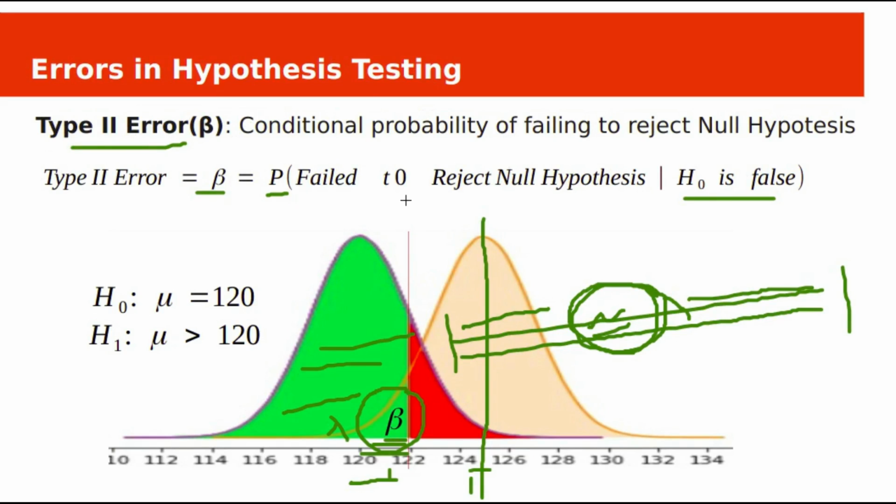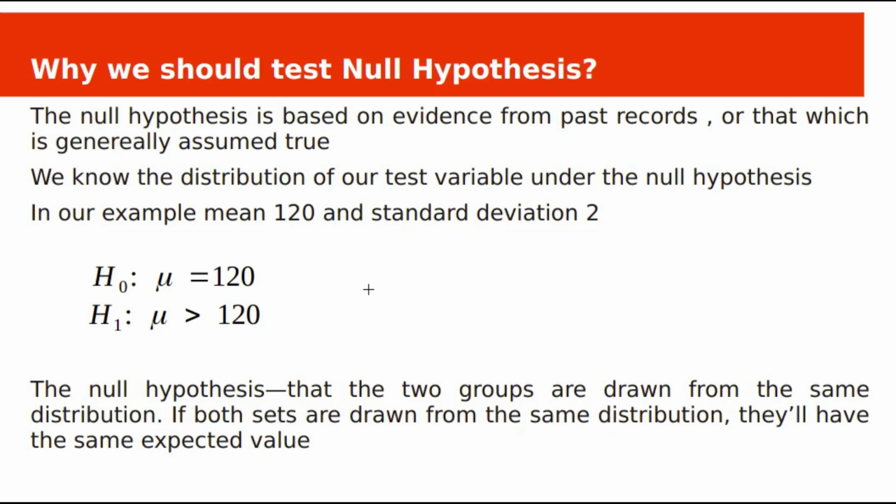In all these examples, we are always testing the null hypothesis, not the alternate hypothesis. What is the reason for that? The null hypothesis is based on evidence from past records, or is generally assumed to be true. We know the distribution of our test variable under the null hypothesis. In our example, the mean is 120 and the standard deviation is 2.